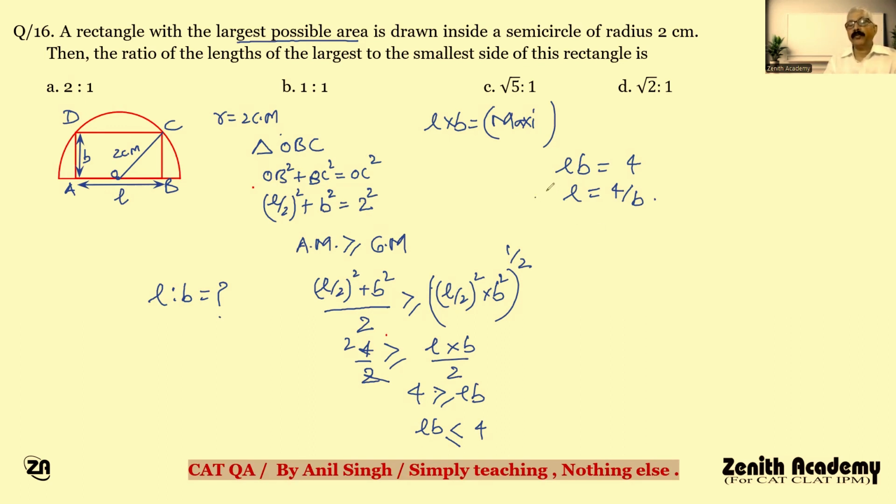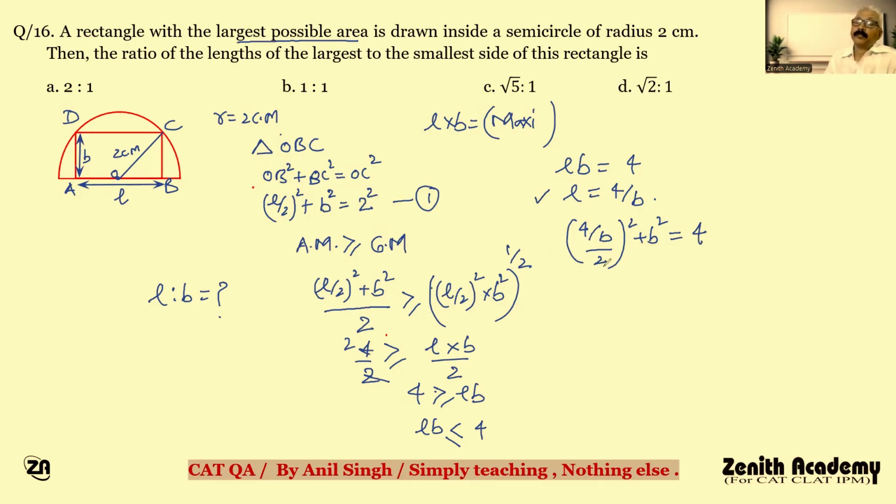And if I put this value of L in this equation, then we take B is equal to 4 by L. So if I take L is equal to 4 by B, then L square plus B square is equal to 4.